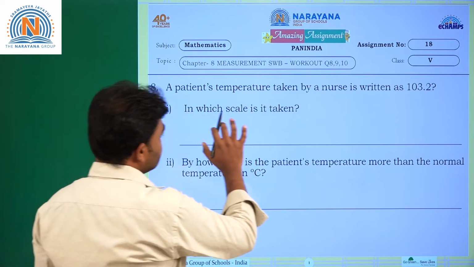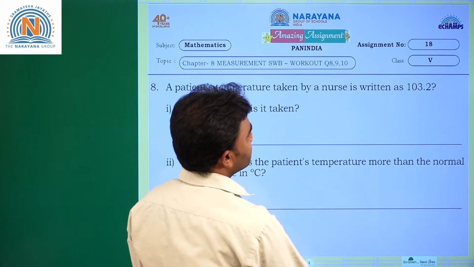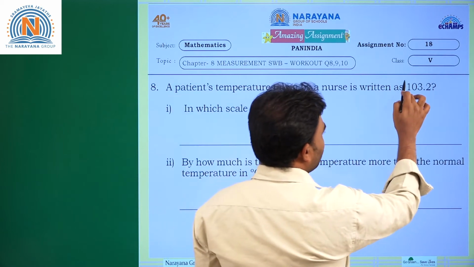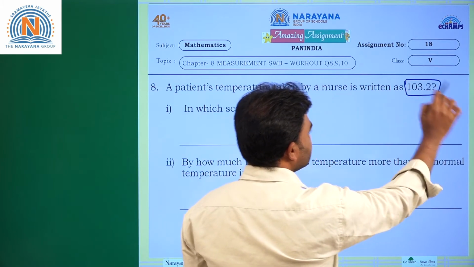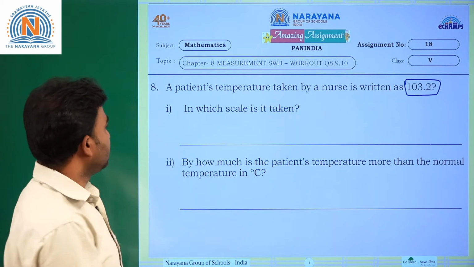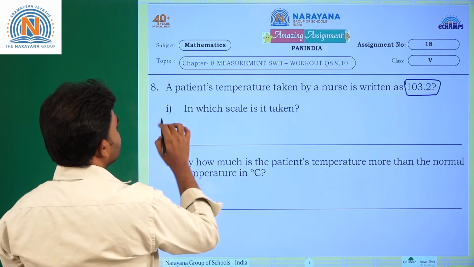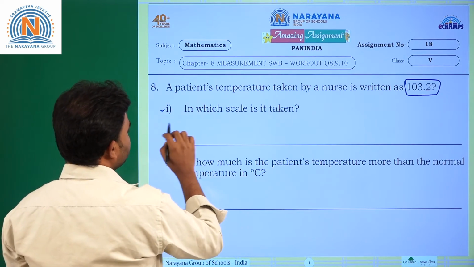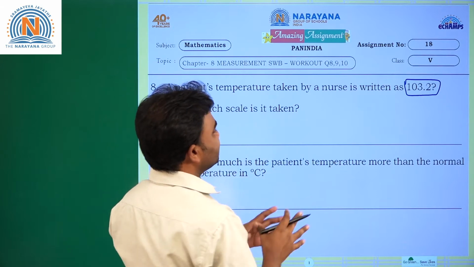First problem: a patient's temperature taken by a nurse is written as 103.2. That is the question statement. In which scale is it taken?